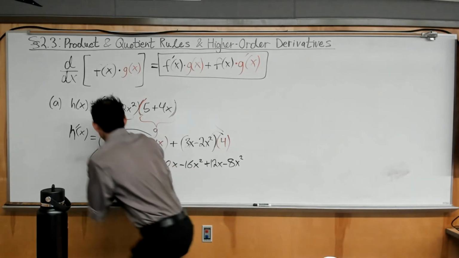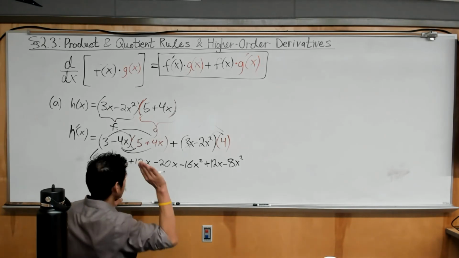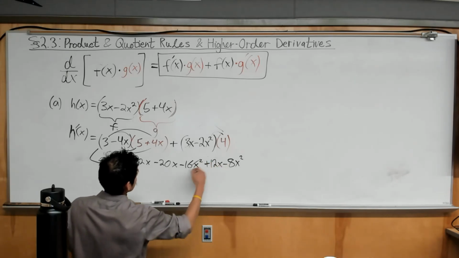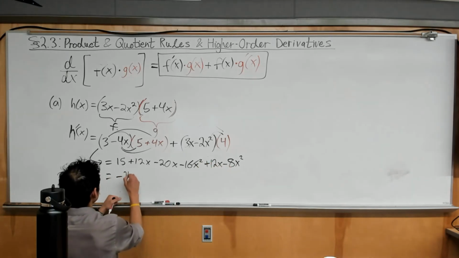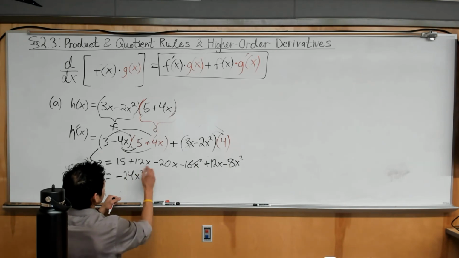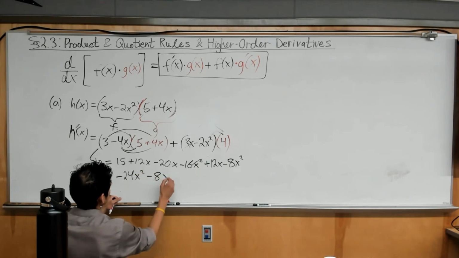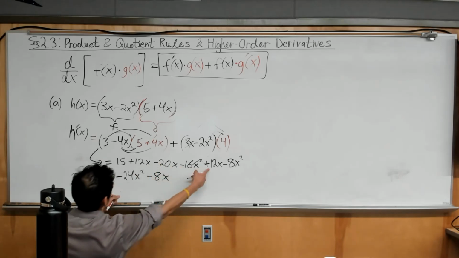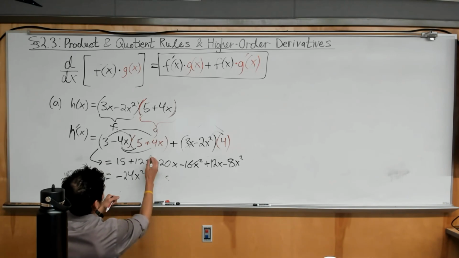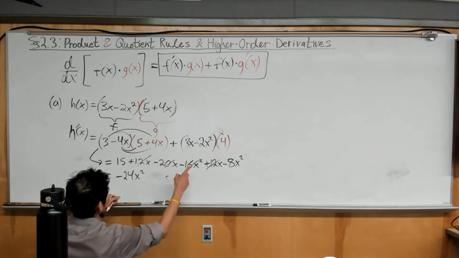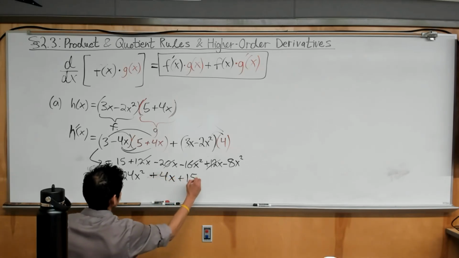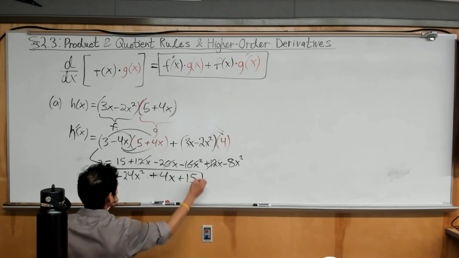Combining the x squared terms, negative 24x squared, and the x terms, 12x minus 20x plus 12x, which is 4x, plus 15.